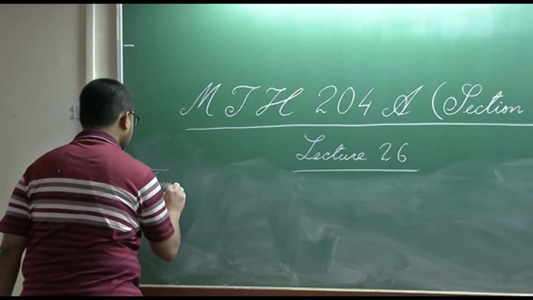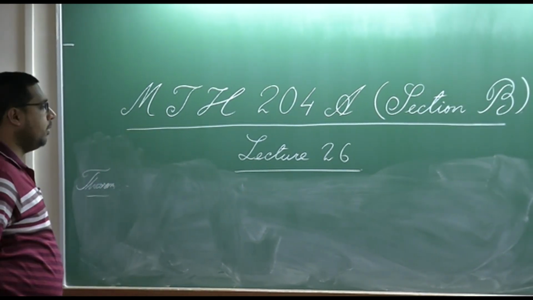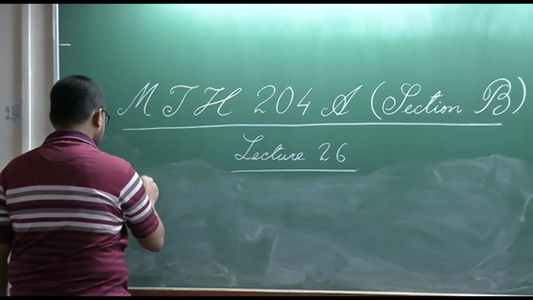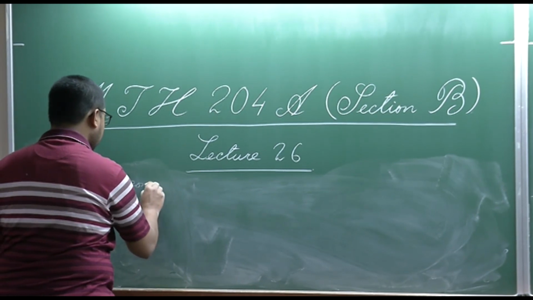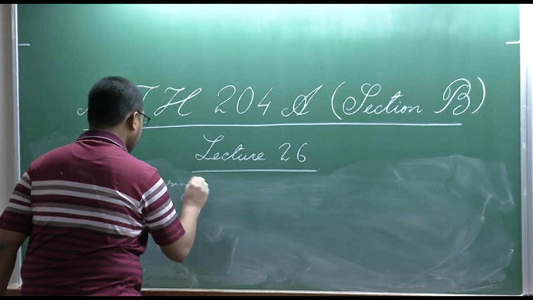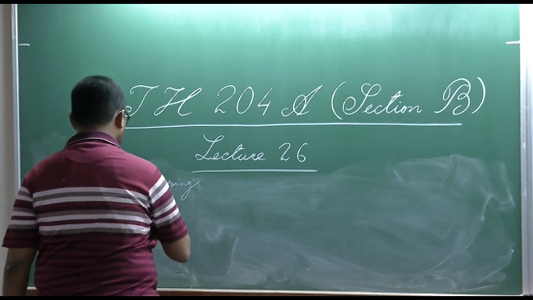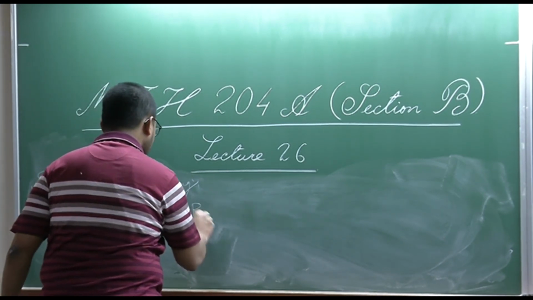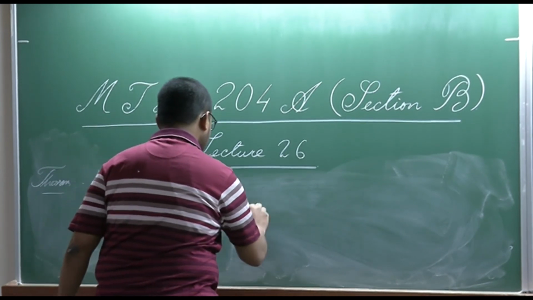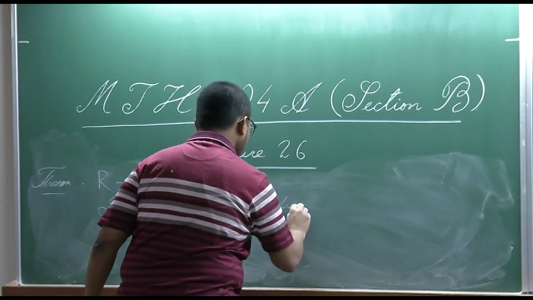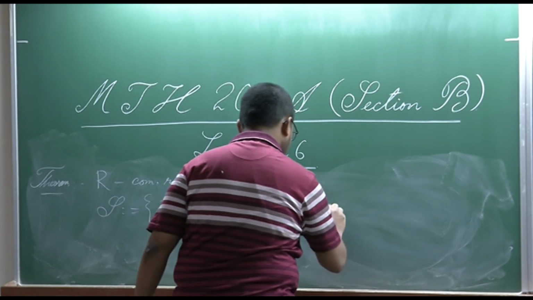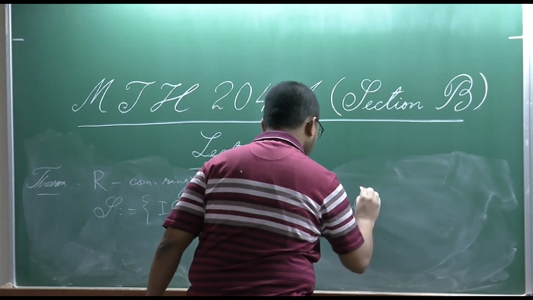I will just briefly give you the sketch. So, again R is a commutative ring. Okay. Let us consider the collection S of ideals to begin with, where I is a proper ideal.